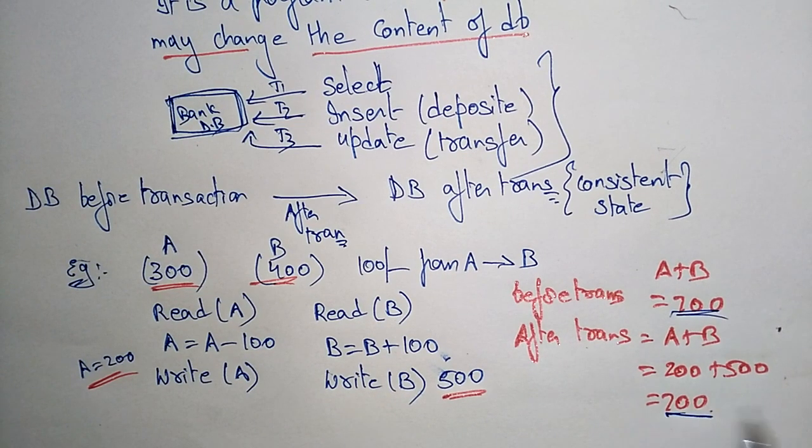Then you can say the database is in a consistent state without any problem. So before the transaction and after the transaction, the database should be in a consistent state.